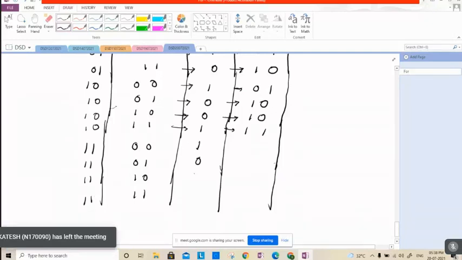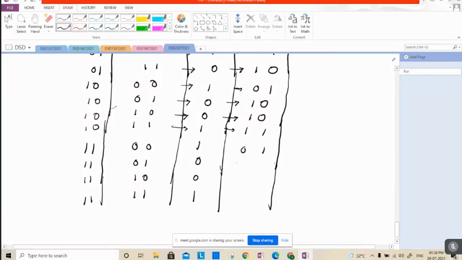Right, this is 1 0 0 1, and this will be 01, 10, 10, and 11. Is it correct? Yes, sir.